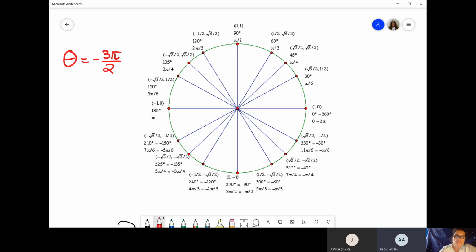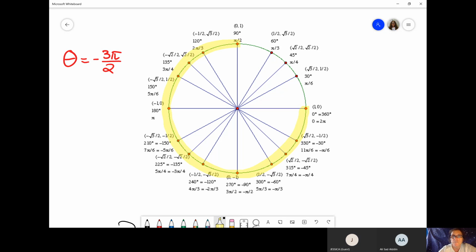Now, I know what happened. -3 pi over 2 is -270 degrees. So some of you probably went counterclockwise and found the ordered pair for the positive angle. But for -3 pi over 2, you go clockwise, to right here.